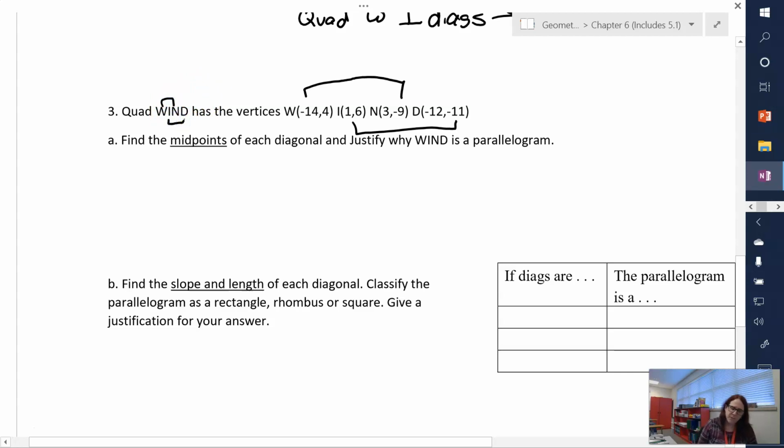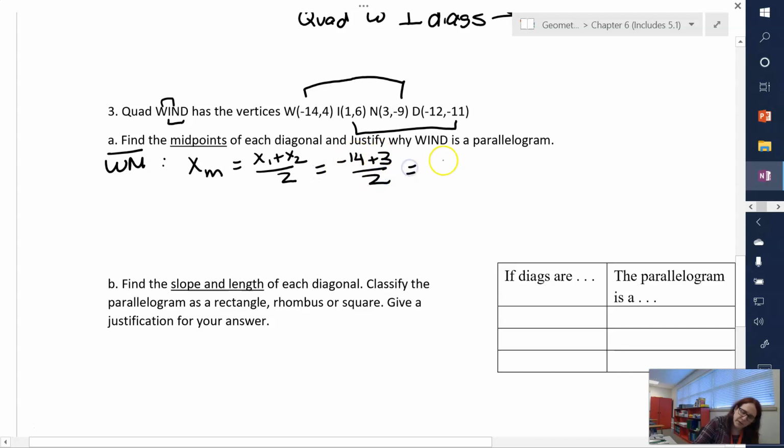So I'm going to find the midpoint of WN first. The x-coordinate of that midpoint is going to be x1 plus x2 over 2. So negative 14 plus 3 over 2. I get negative 11 over 2.